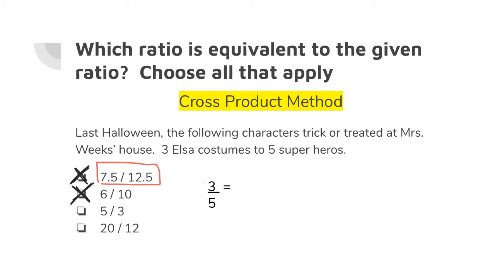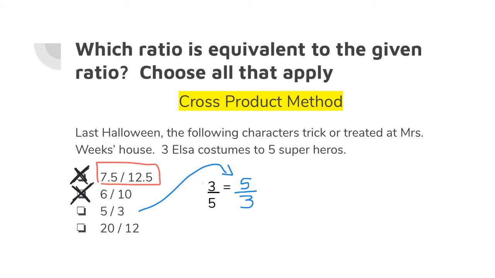All right, let me erase. All right, let's try our next one. Notice that when I'm choosing all that apply, I can't stop at the first answer that's right. I have to try out each one of these. So I want to know if 3 Elsas to 5 superheroes is the same as 5 over 3.